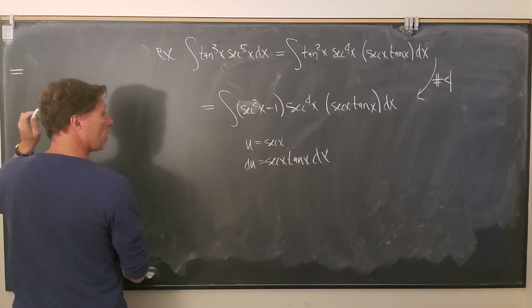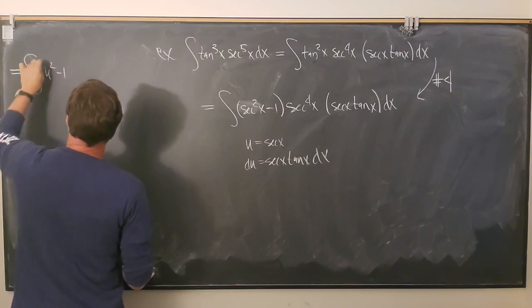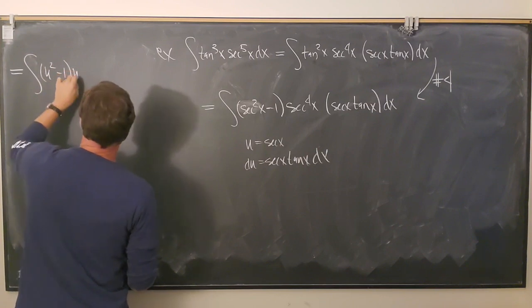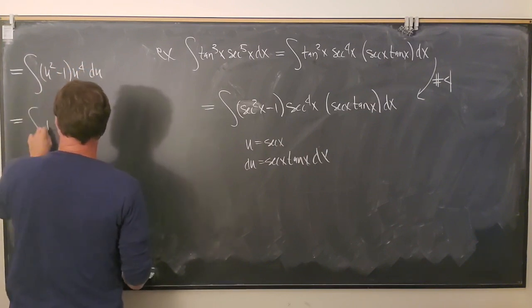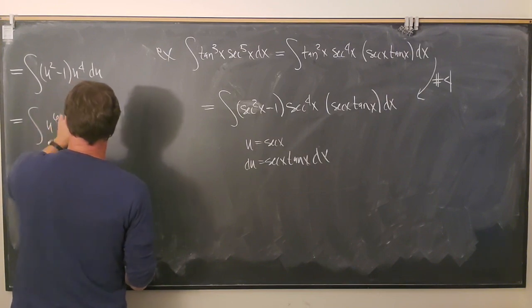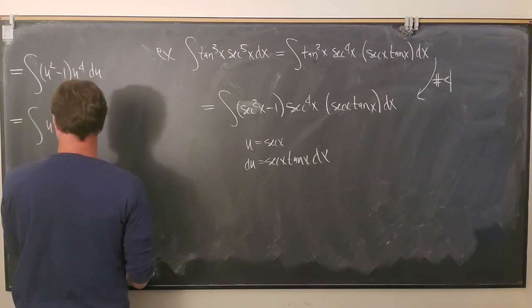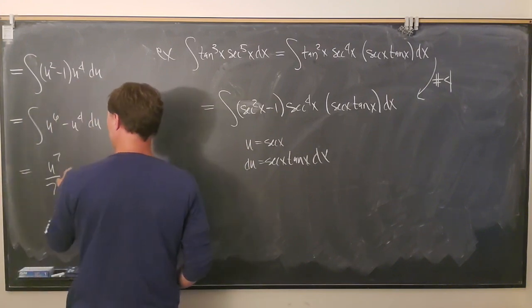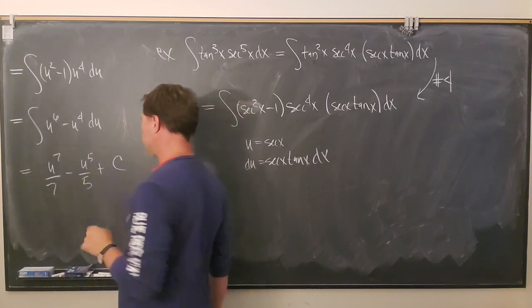So this will be u squared minus 1 times u to the 4th du. That's equal to u to the 6th minus u to the 4th du. That's going to give me u to the 7th over 7 minus u to the 5th over 5 plus c.